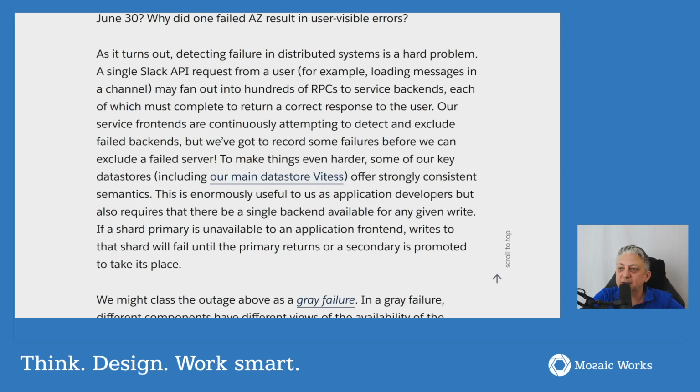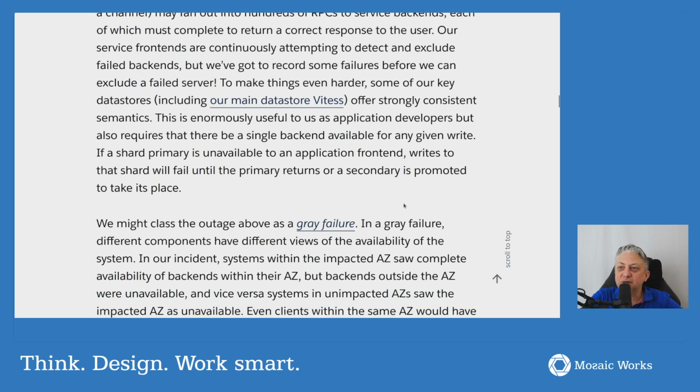A single Slack API request from a user may fan out into hundreds of remote procedure calls to service backends, each of which must complete to return a correct response to the user. Our service frontends are continuously attempting to detect and exclude failed backends, but we've got to record some failures before we can exclude the failed server.